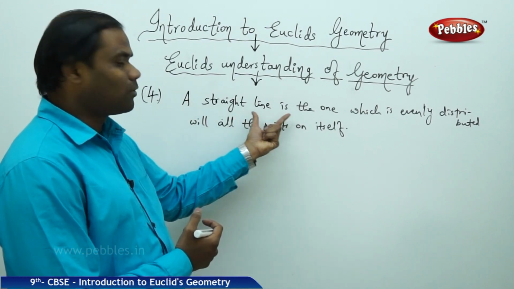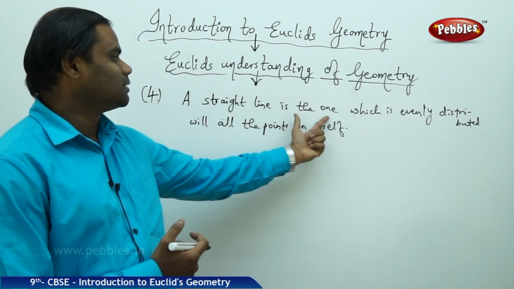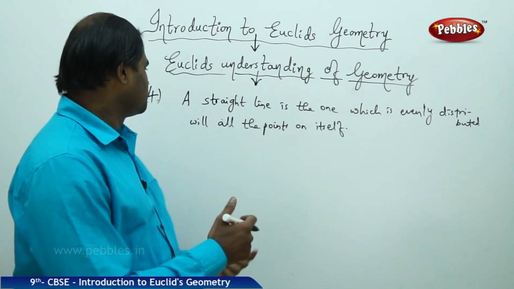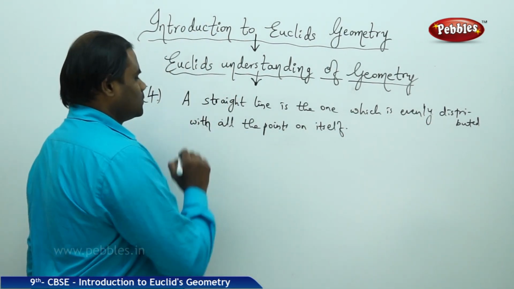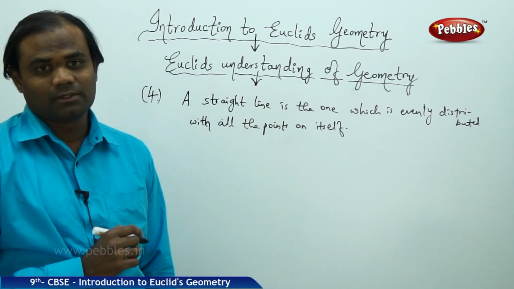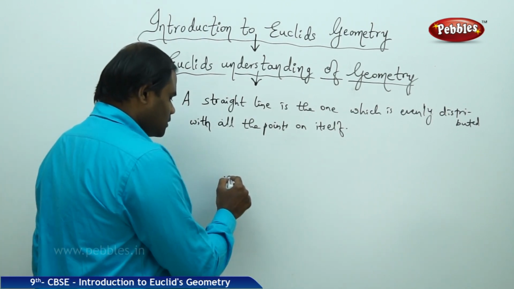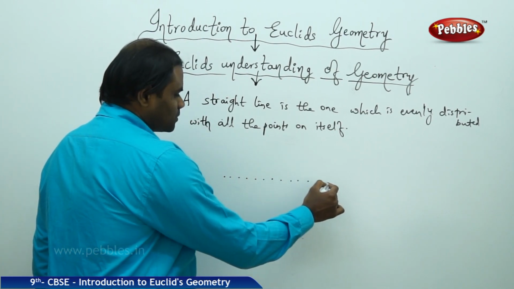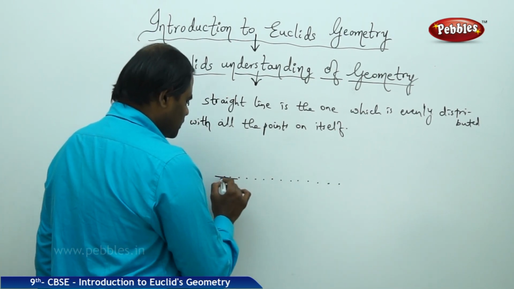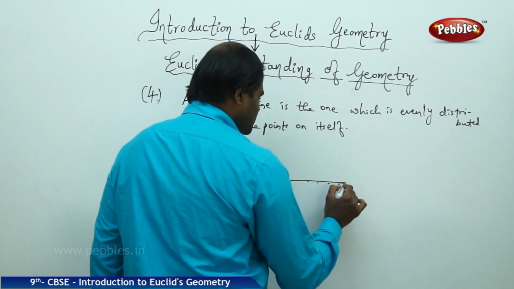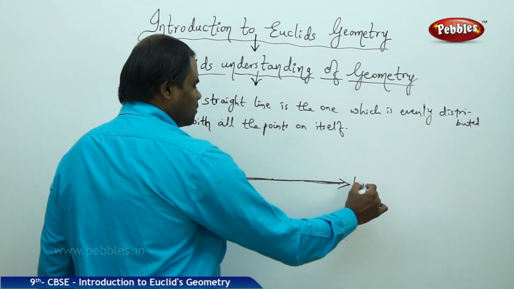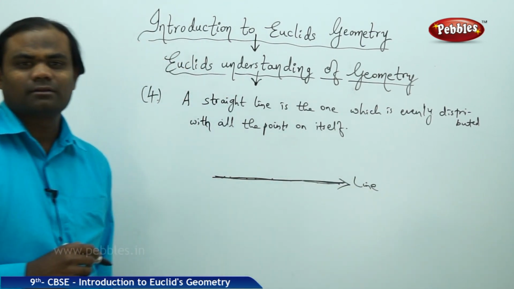A straight line, according to Euclid, is defined to be the one which is evenly distributed with all the points on itself. That is, if I take the points, they must evenly distribute so that the line must exactly be passing through those points, is how I define the line.